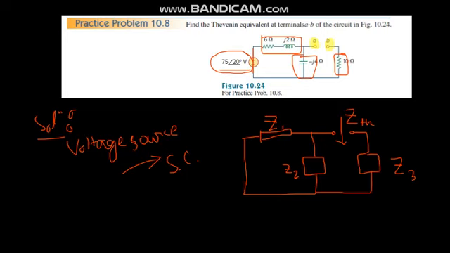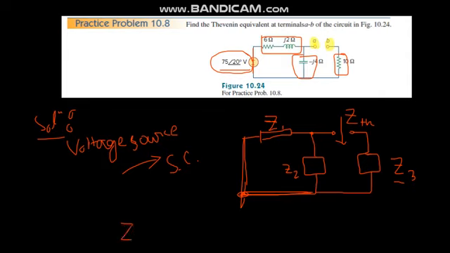Okay, so while you are looking forward to this position, what can you see? These Z1 and Z2 have been short circuited. You can easily see there is a short circuit. That means this part and this part have been short circuited, so these two points are common points. That means Z1 is parallel to Z2, and these two in parallel will be in series with Z3, and then you can find out Z Thevenin.